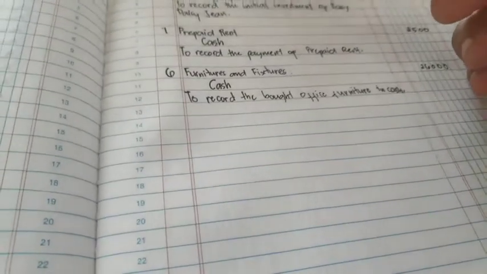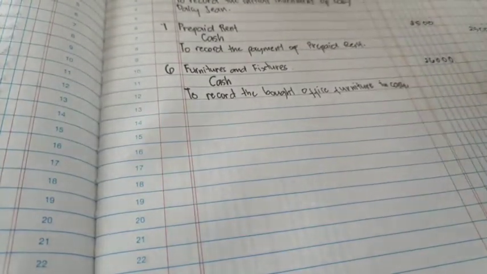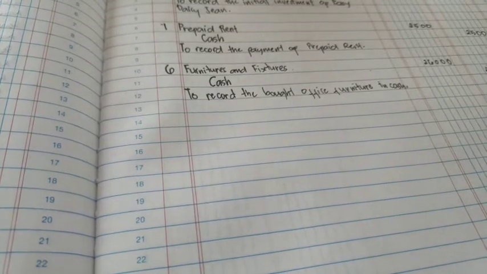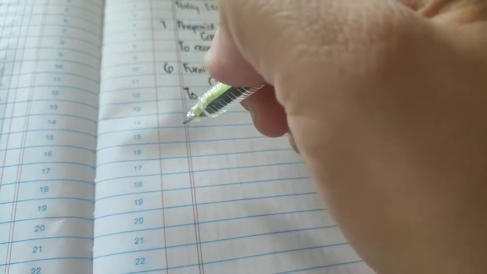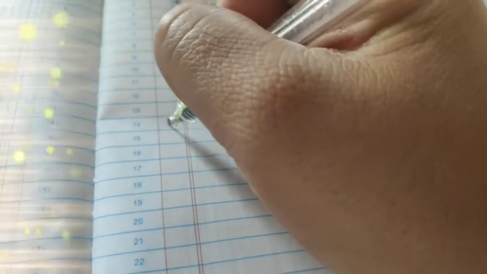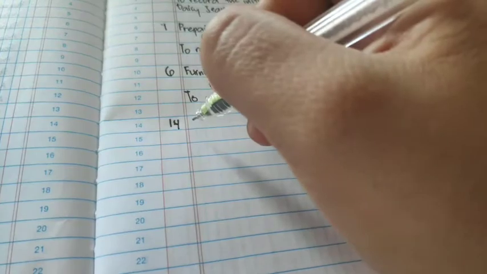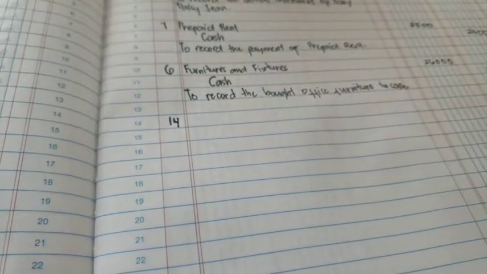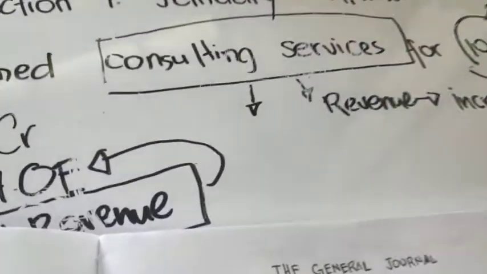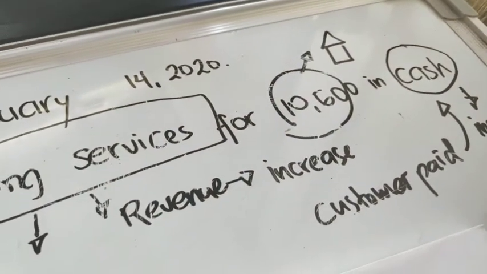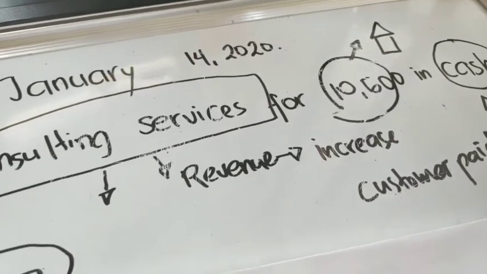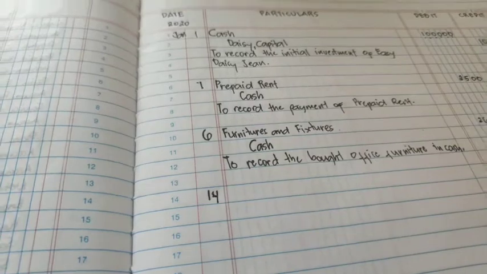So now, we will be learning how you will put it on your general journal. This is how you will enter the transaction on your general journal. As always, you will write only the day. The day is January 14. So this is the transaction. It's a revenue and the cash, the revenue and the asset. For the revenue, you will use consulting revenue.